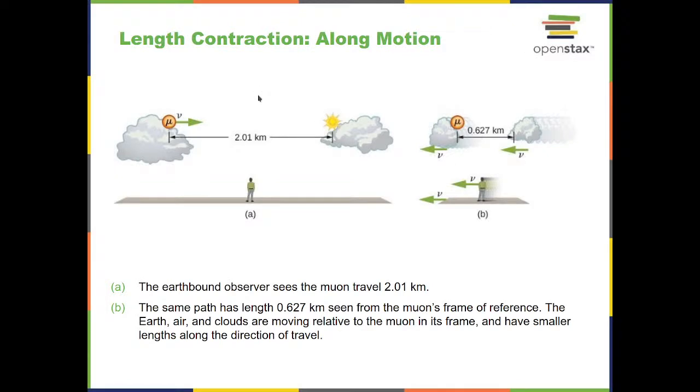If you're measuring an object, in this case, of course, the object is in some sense an imaginary ruler we would put here, and we would measure the length of that ruler. Obviously, the muon is traveling from one side of the ruler to the other, but the object that we're measuring is the length of the distance between those two points.